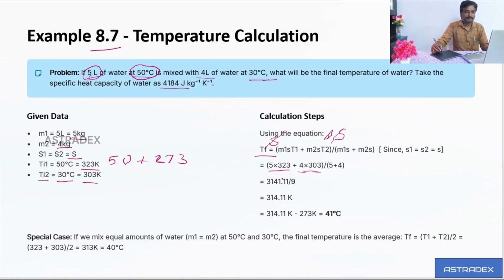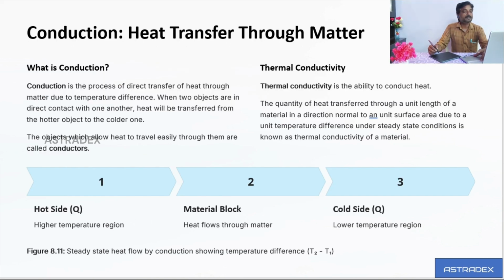It is an approximated value, so 9 will be rounded off and divided by 10, which means we get 314.11 Kelvin. 314.11 minus 273 converts this temperature into the Celsius scale, so the final answer will be 41 degrees Celsius, which in the Kelvin scale is 314.11 Kelvin.